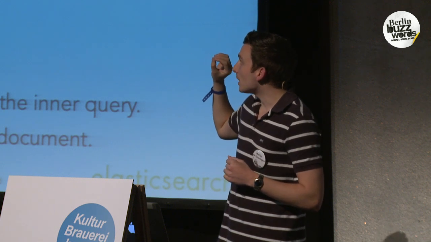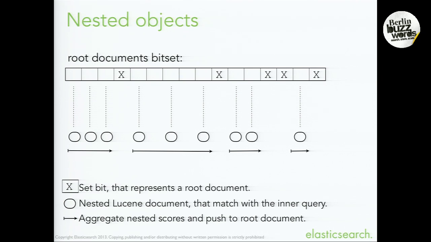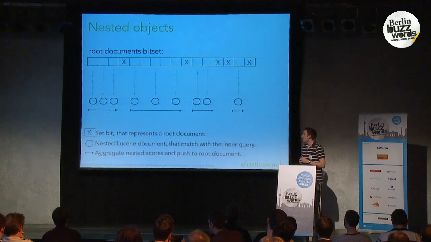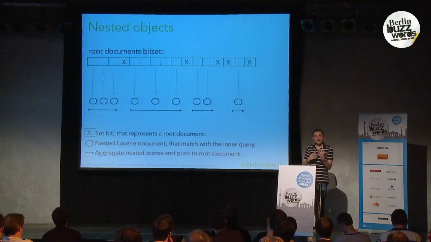This kind of identifier can easily be represented in a bit set, because it's a sparse data structure. So in our example, the root documents, the real book documents, are marked in a bit set. It just tells you what the marked documents are. When the nested inner query runs, it goes in a particular order over the documents because everything's next to each other.